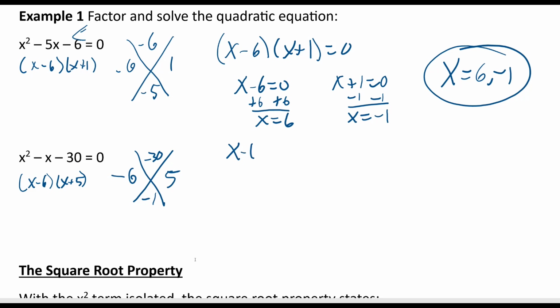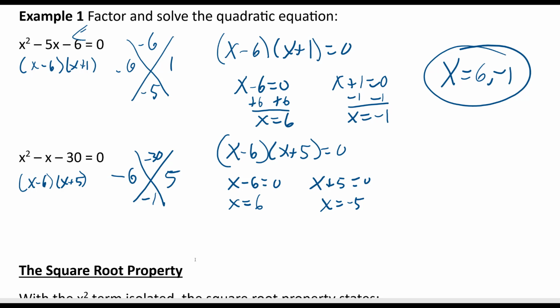So we have x minus 6 times x plus 5 equals 0. So I set each factor equal to 0. x equals 6. x plus 5 equals 0, so x equals -5. So our solutions here would be 6 and -5.